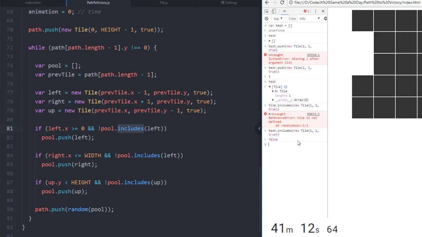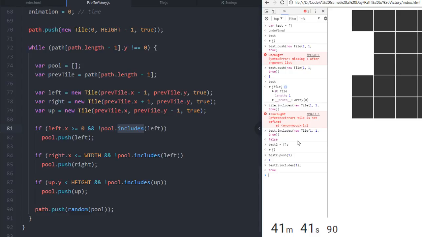Okay, let's do test 2 equals an array, test 2 dot push 1. Test 2 dot, contains, no, we can't say that, dot includes 1. True.